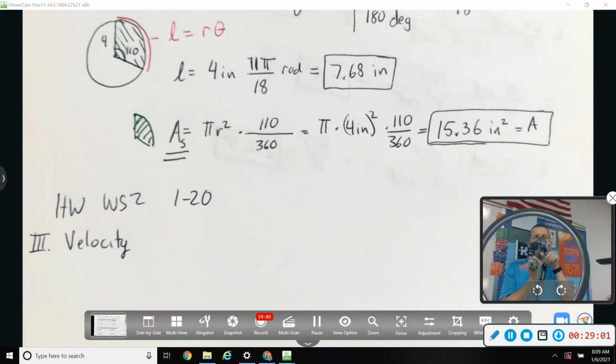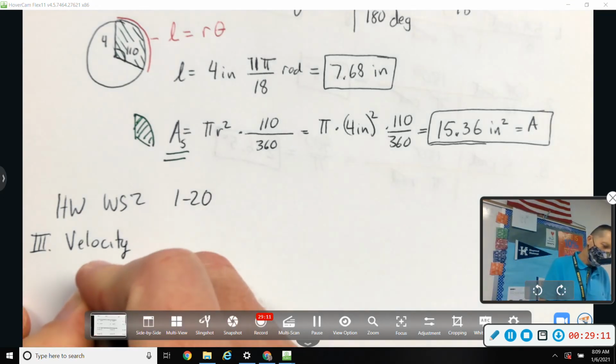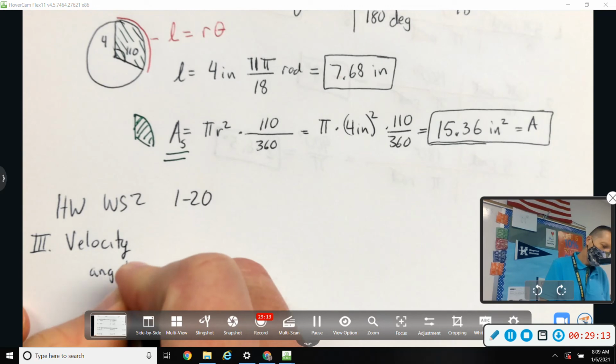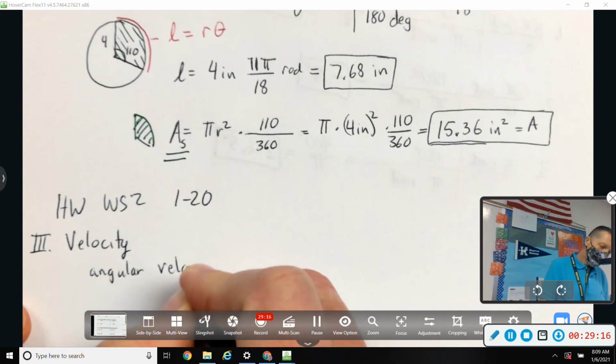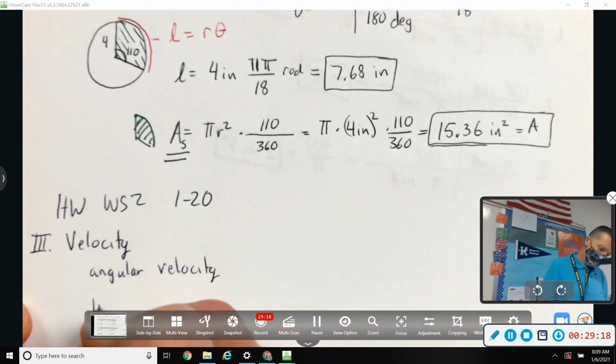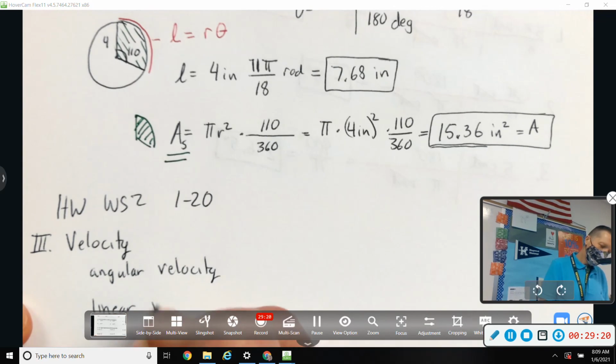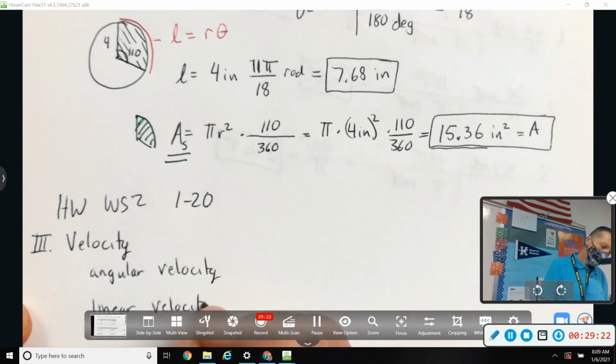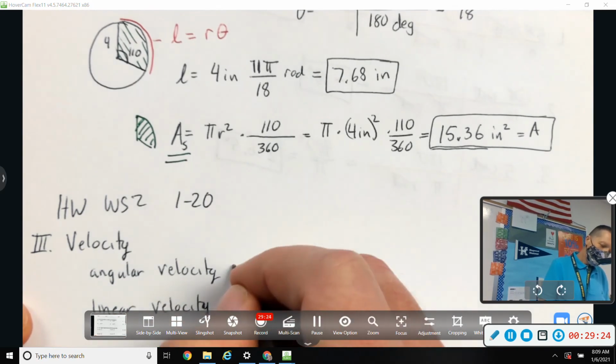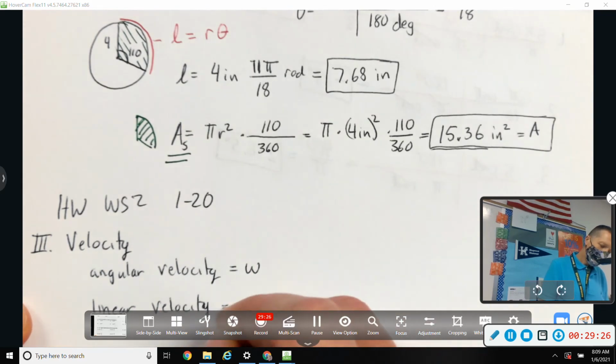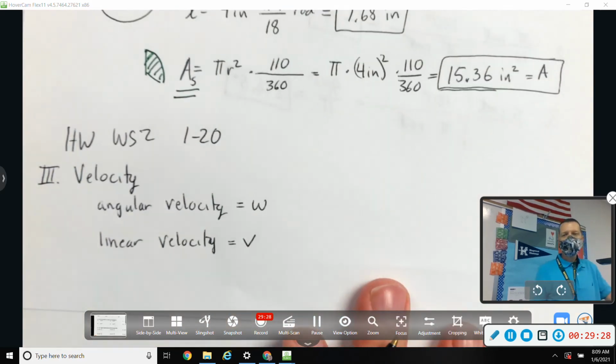It's not speed versus velocity. It's angular speed versus linear speed, or angular velocity versus linear velocity. Angular velocity is omega.